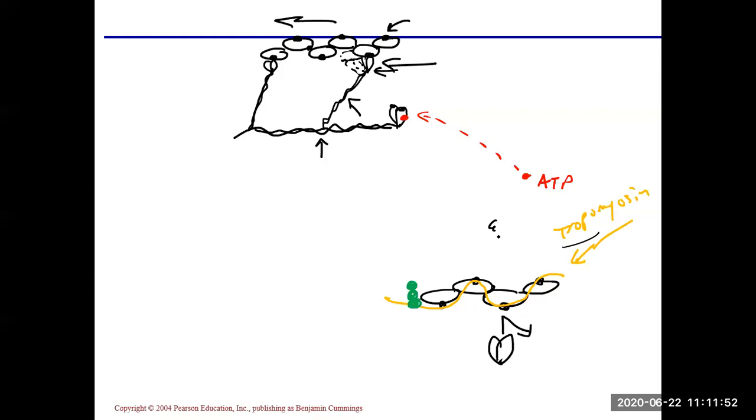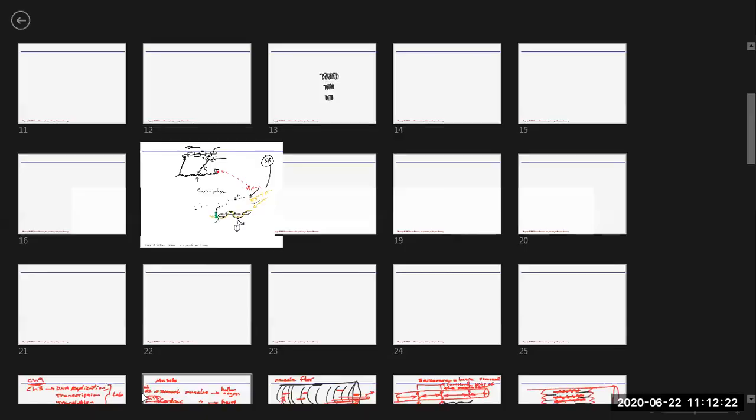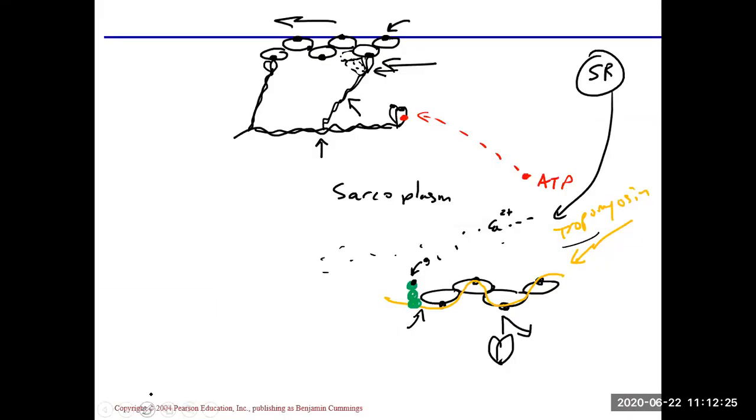The calcium we discussed is coming in from the SR, the sarcoplasmic reticulum. Earlier, we had the voltage-gated channel open, and this space is the sarcoplasm. All these are calcium. Once calcium binds in here, it changes the conformation of the tropomyosin and moves it to the side.